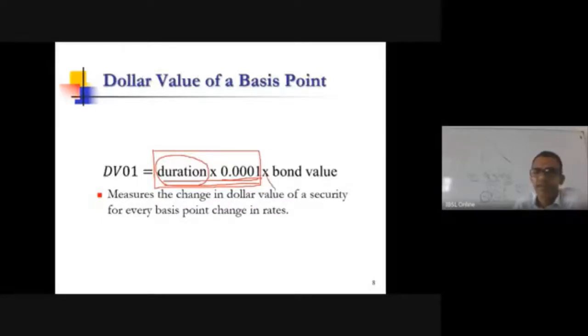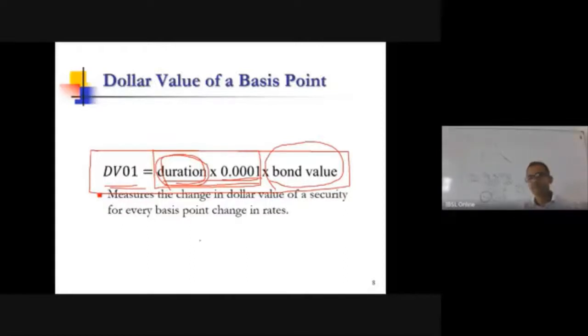Then you multiply that by the bond value, you get the change in price for a change in yield of 1 basis point. So this is the definition of DV01. This is just a small extension of the duration. If you know the duration, you can calculate DV01. If you know the definition of modified duration and how to interpret its meaning, then this is easy.